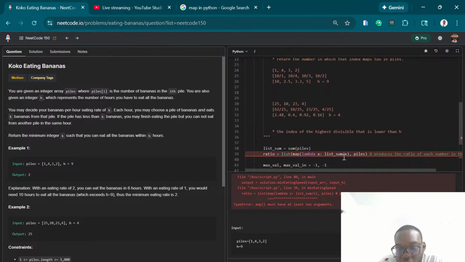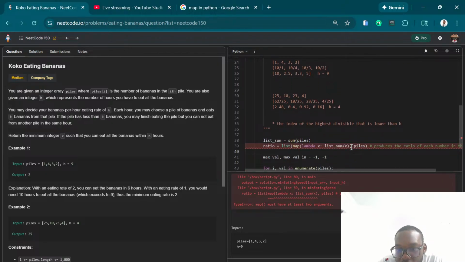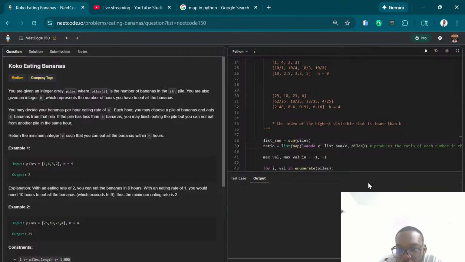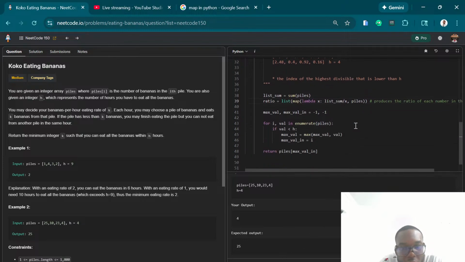Map must have at least 2 arguments. It doesn't have that. Oh, my bad. Let's see. Okay, so it worked for one. It worked with this. Yeah, cool. For this one, it didn't work. My output was 4.